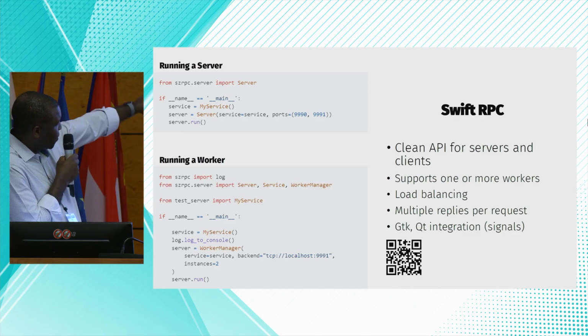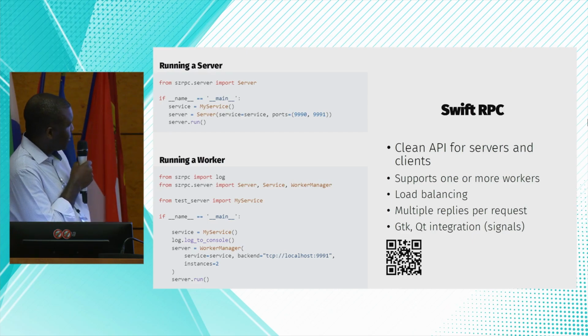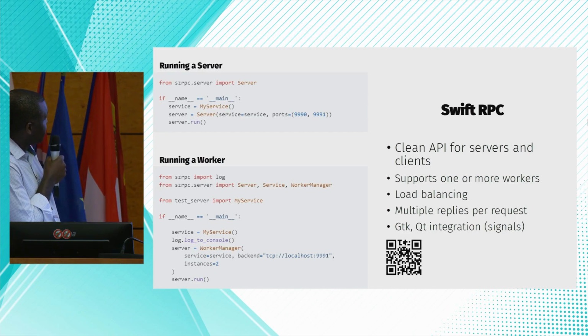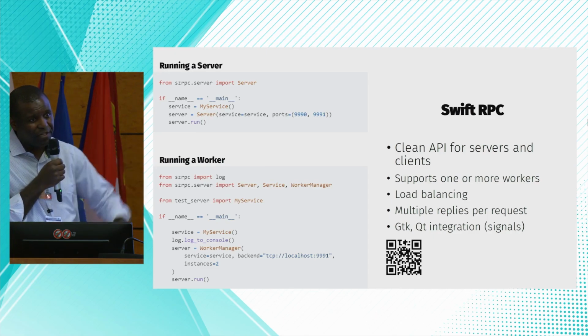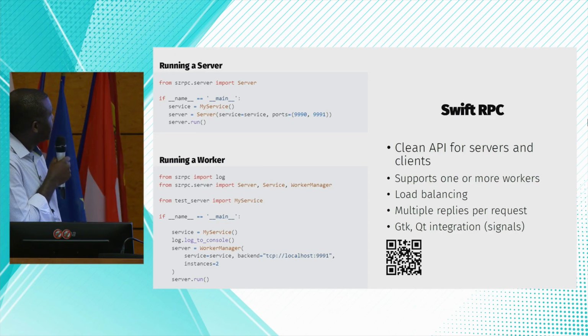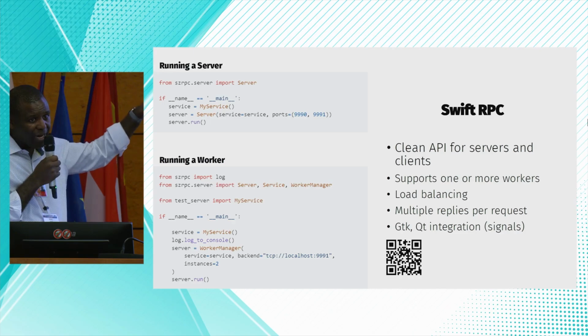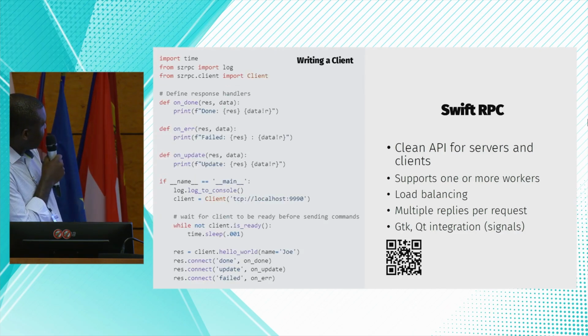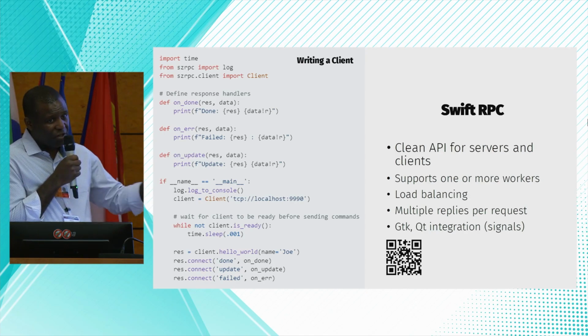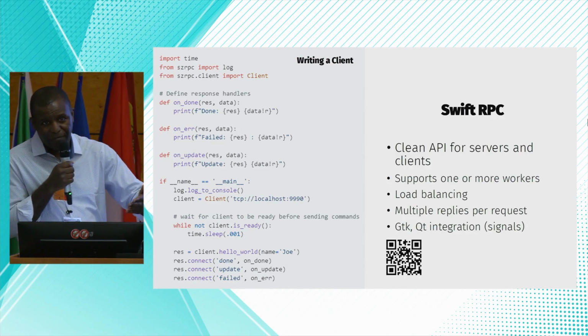Here's an example of how you would define a worker to connect to the server. You can run as many workers as you need on multiple different computers, and the work will be load balanced between the workers. And here's an example of a client. A client is event-driven, and it automatically discovers the remote methods that have been defined.